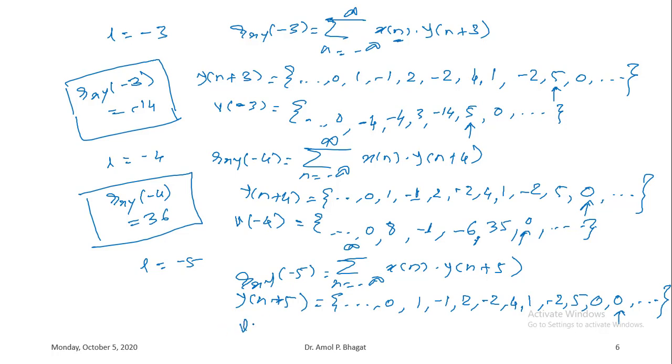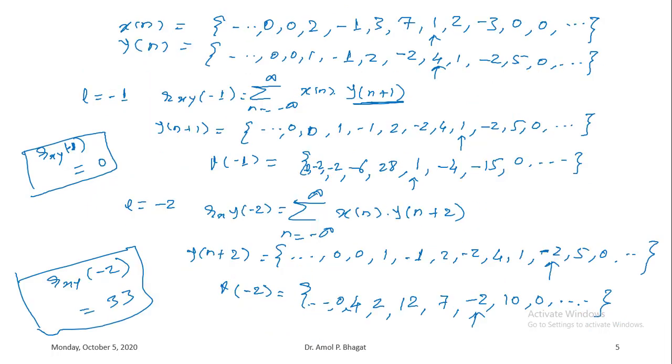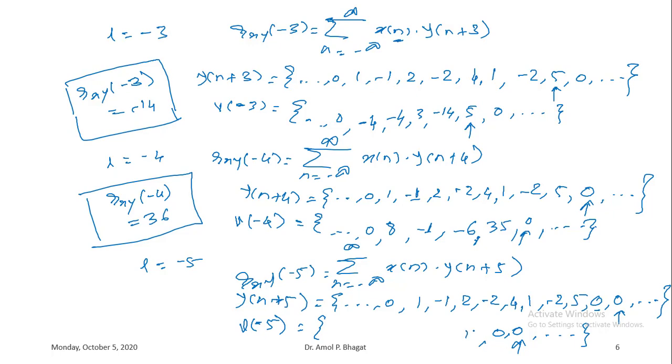Again the product sequence you can call v of minus 5. At origin the value is 0, so it will be 0. The remaining values on the right hand side will be 0. At minus 1, 0 will be there, so 0 multiplied by any value will be 0. The next value is 5. So 5 will get multiplied with 3, so it will be 15.